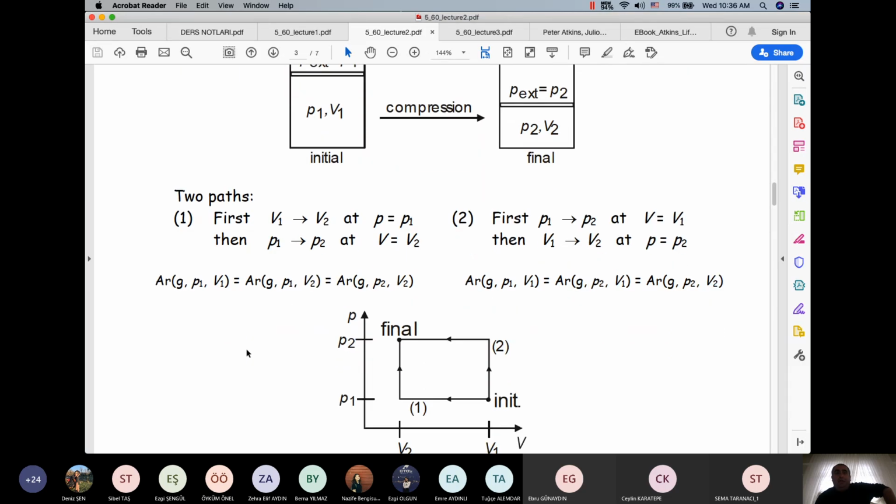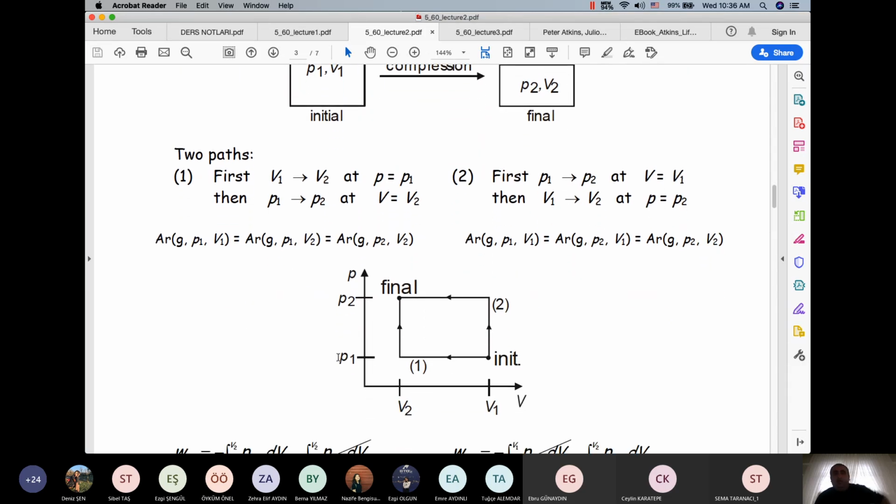As I told you, if you have an initial condition, you are at a point over here, which is the P1 V1 point. You can go from this point to a final point, P2 and V2, in many different ways. You can first go from here to there, or you can go to a point in the middle and then take a second step to go there.